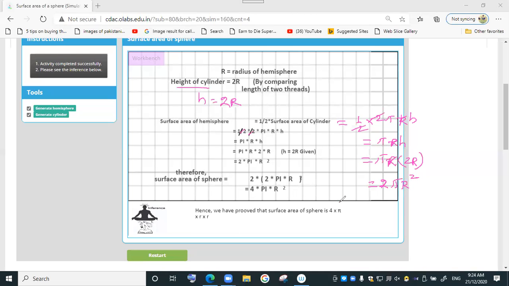Therefore the surface area of the sphere will be equal to 2 times the surface area of the hemisphere: 2 pi r square times 2 is 4 pi r square. Hence proved that the surface area of a sphere is 4 pi r square.